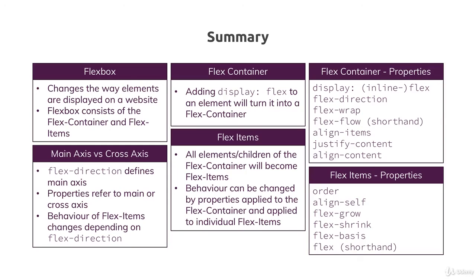And then we talked about flex, the flex shorthand, which combines flex grow, flex shrink, and flex basis. And that's actually it. This is all the core knowledge that we have now to work with Flexbox, and as we saw in our project, to make our project a bit leaner and easier to use and maintain. So this is the end of this module.